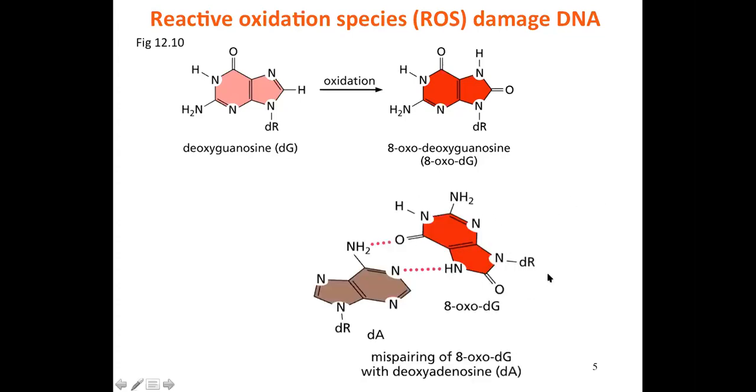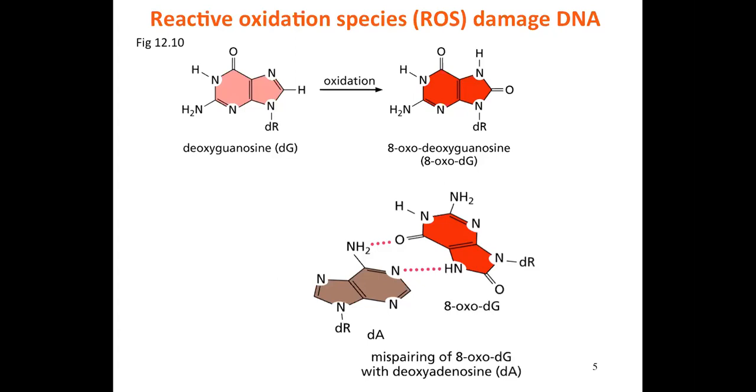Because of that tweaked angle or misalignment, you can actually cause the G to improperly form hydrogen bonds with something like an A on the other strand, right? Simply because the oxygen that was added onto it by this reactive oxidation species that floated by causes this to now be tweaked at the wrong angle. And so you will get a mispairing, right?